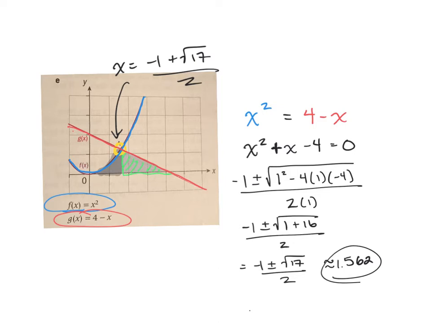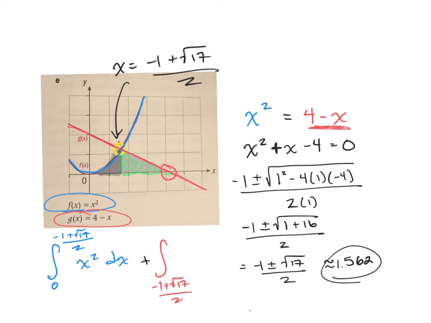So what we're going to end up doing here is we're going to want the integral from 0 to -1 plus the square root of 17 over 2 of x squared dx plus the integral from -1 plus the square root of 17 over 2 all the way out to this, which based on here is just going to be 4, of 4 minus x dx.